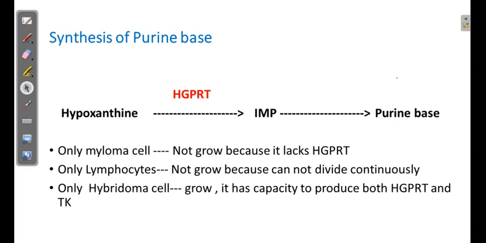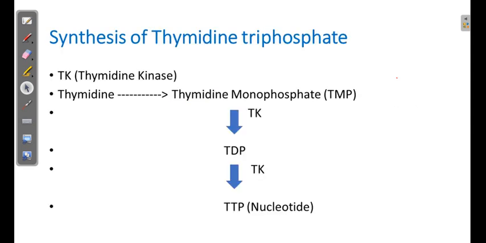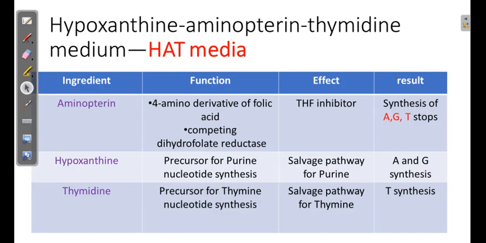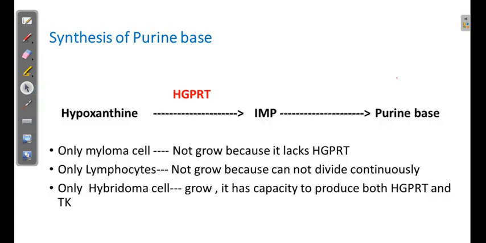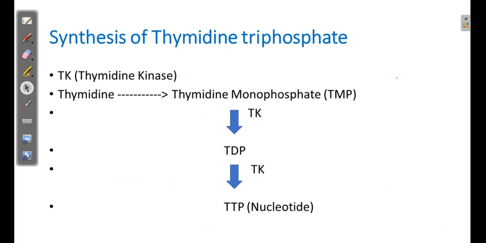So you have complete adenine and guanine. Now the purine base pair is done. What is the other base pair we require? The other base pair we require is the pyrimidine. So the other component of this media is thymidine. So hypoxanthine, aminopterin, and the last one is thymidine. Thymidine reacts with thymidine kinase, an enzyme.